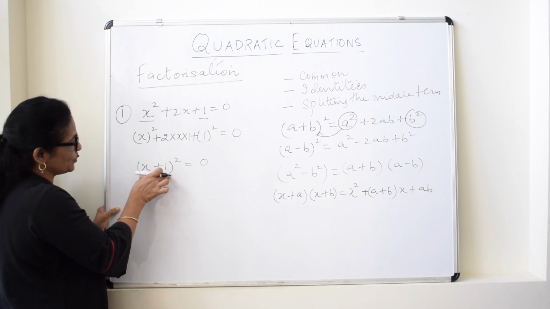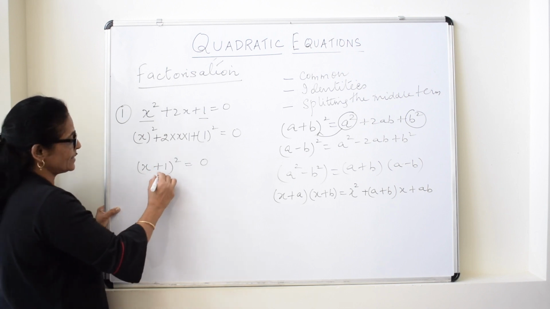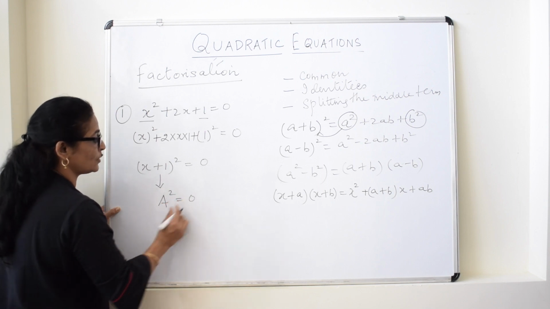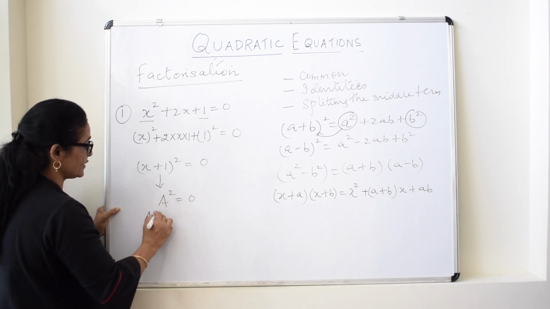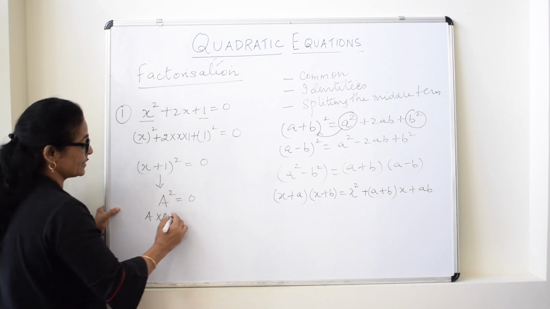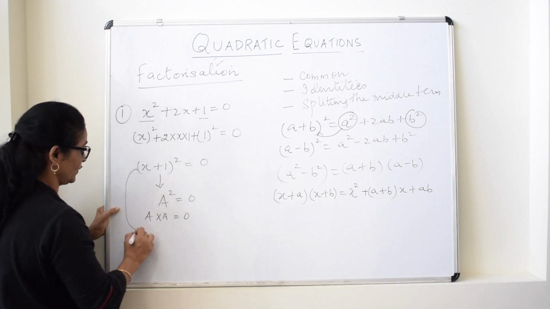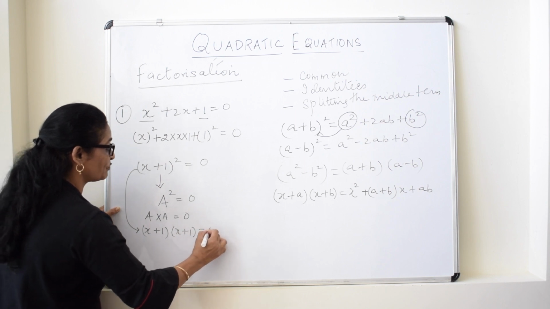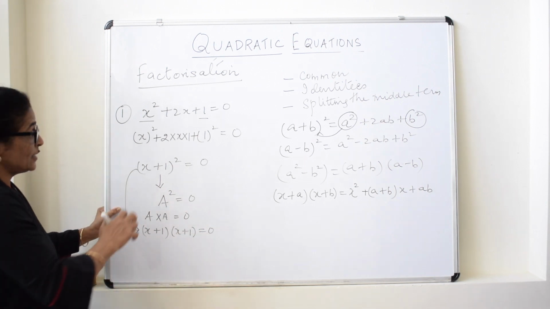When we say x plus 1 the whole square is equal to 0, this is something a square, and a square is a into a. Same thing we will do: x plus 1 into x plus 1 is equal to 0. So what have we done?